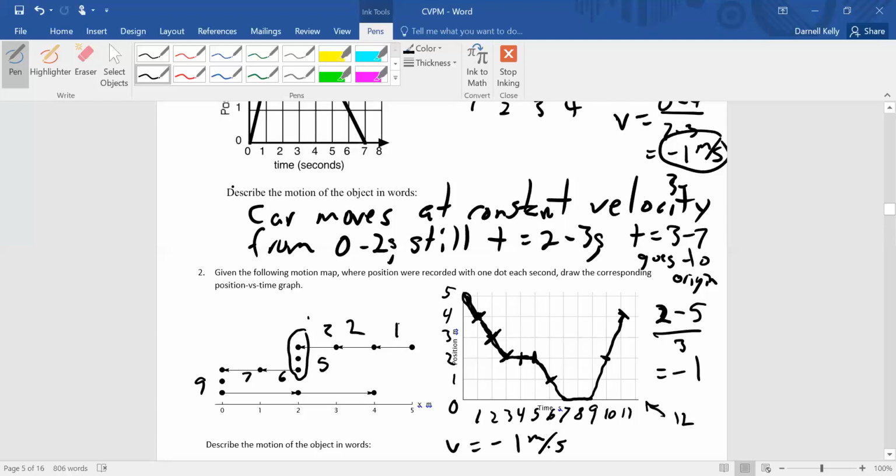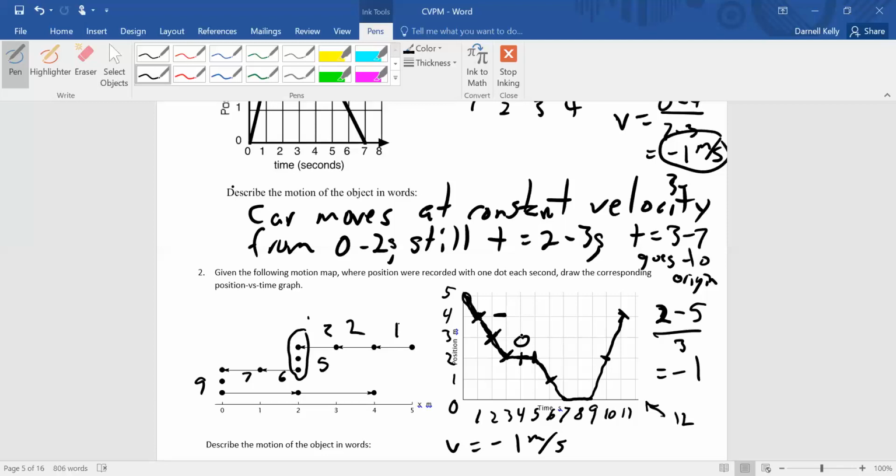Everybody cool with the fact that there's no slope between 3 and 5 seconds? Zero slope here, nothing. What does that mean? If zero slope, what's happening to you for real?